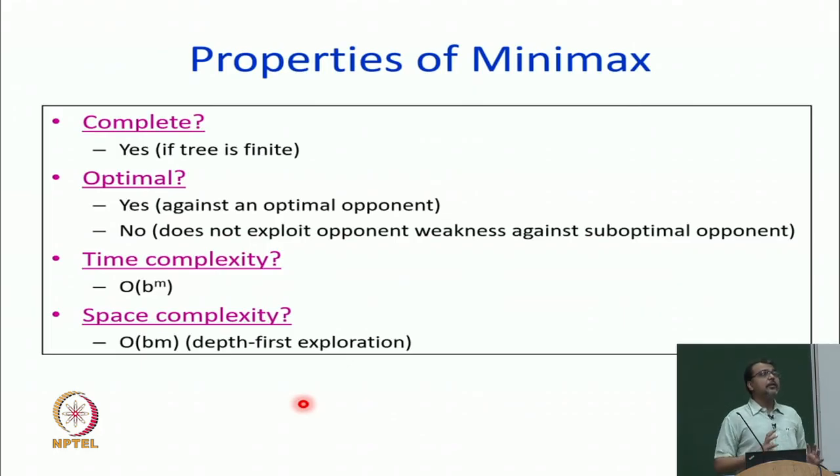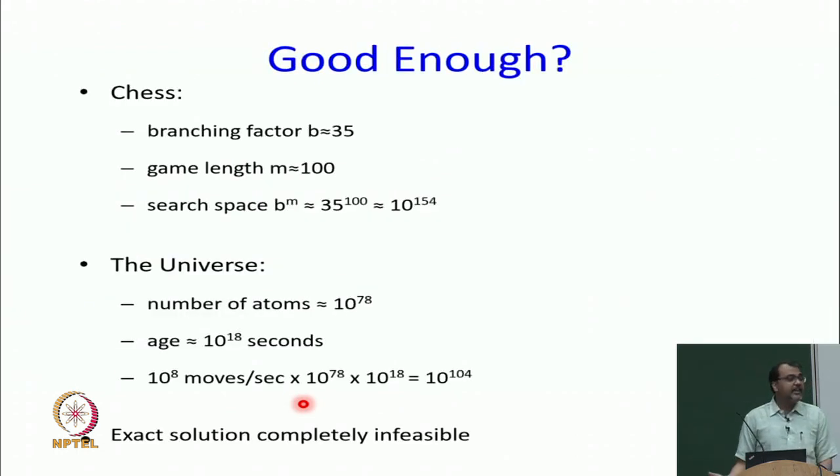Now, let us think about whether Minimax is a good algorithm. So, let us say we take chess. Branching factor of chess is about 35. A typical game is about 100 moves long. That means the search space is about 35 to the 100, which basically means about 10 to the 154. The universe has 10 to the power 78 atoms, and the universe's age is 10 to the power 18 seconds.